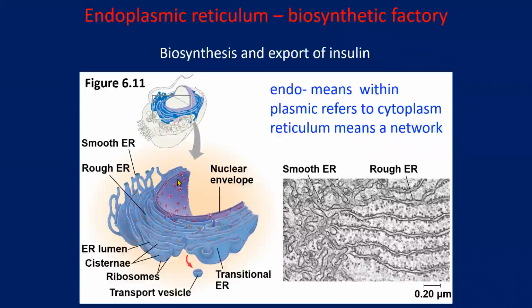This is your nuclear envelope, and the endoplasmic reticulum encompasses it. These are the lumens of the endoplasmic reticulum, and then there are cisternae. The red spots here are ribosomes, and upon maturation it will form vesicles, and these vesicles will get transported towards the Golgi apparatus. We'll talk about that in a bit.